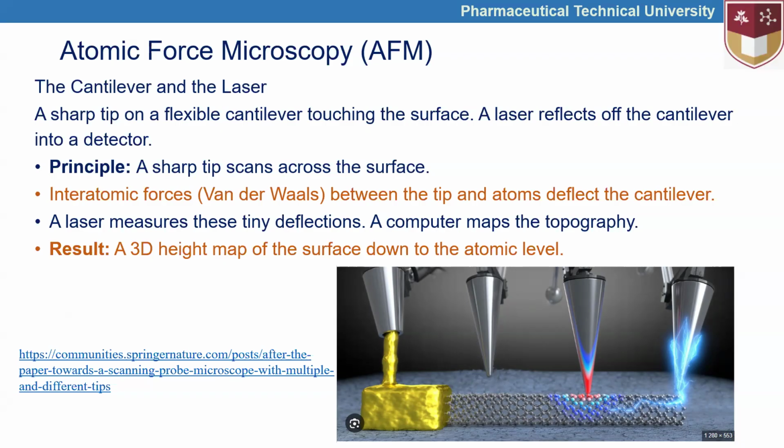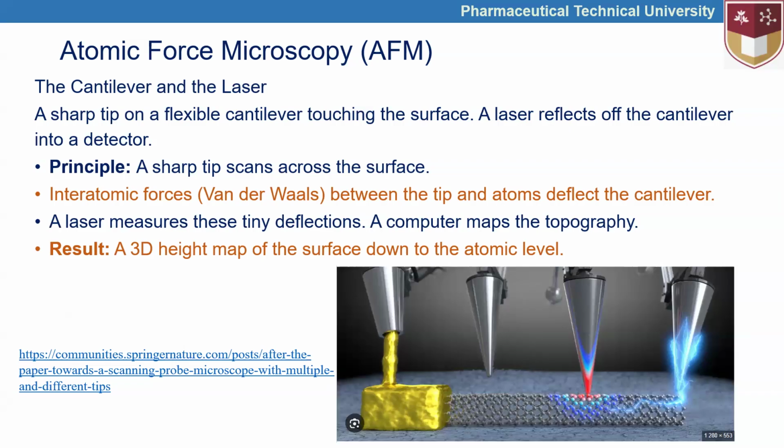This is, as I said, a different approach from light microscopy. Let me tell you again: light microscopy uses light, electron microscopy uses the flow of electrons, and atomic force microscopy uses interatomic forces between the tip and atoms that deflect the cantilever.